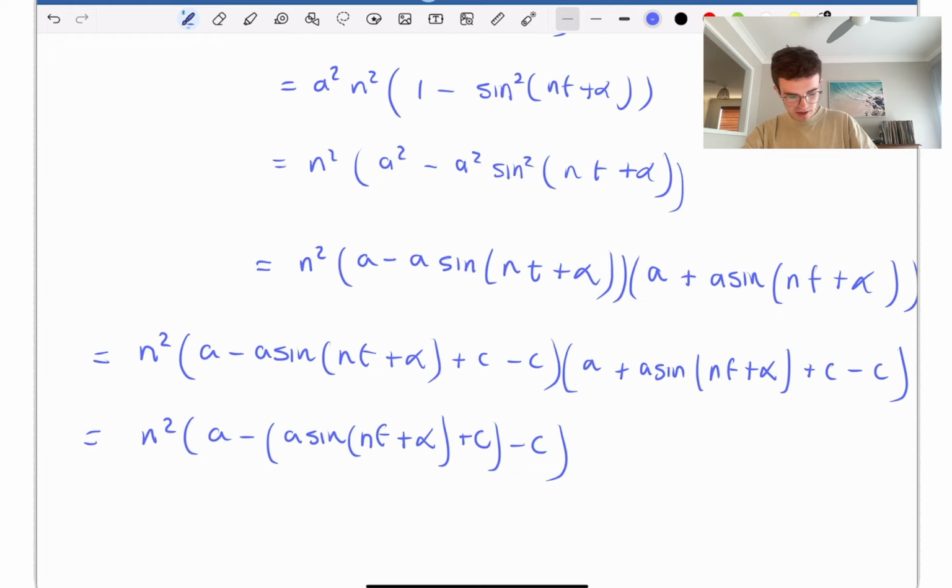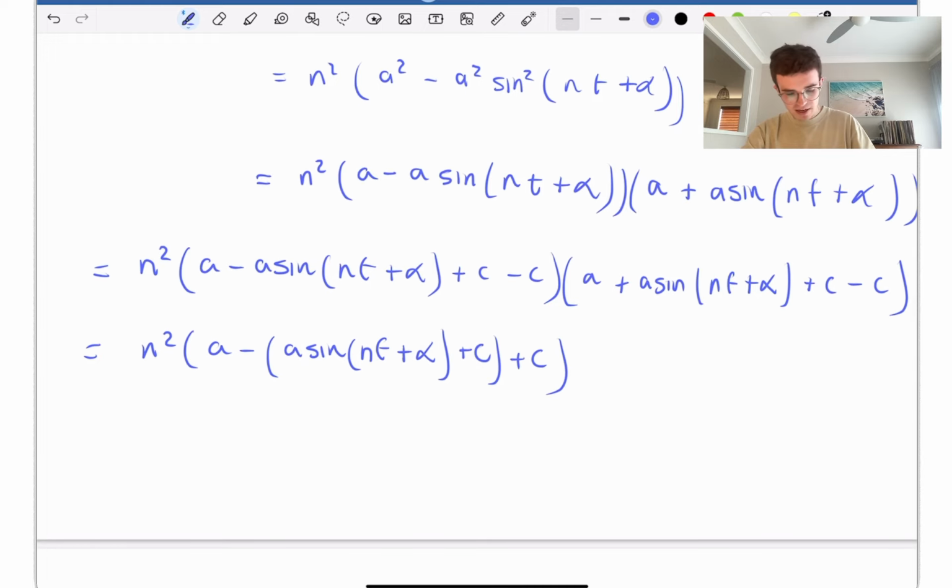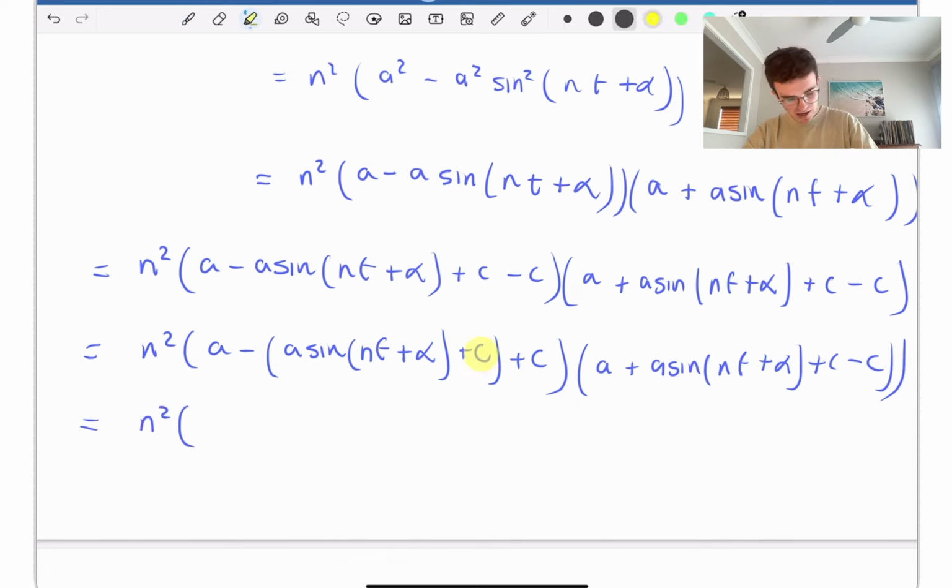And then this one is going to be a plus (a sin(nt + alpha) plus c) minus c. So here we've got n squared, and now this here is x, as is this here. So this is going to be a minus x plus c, and this one over here is going to be a plus x minus c.